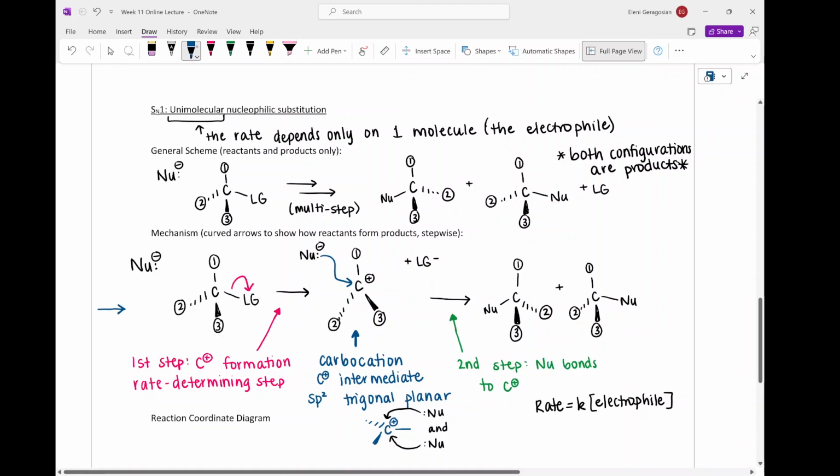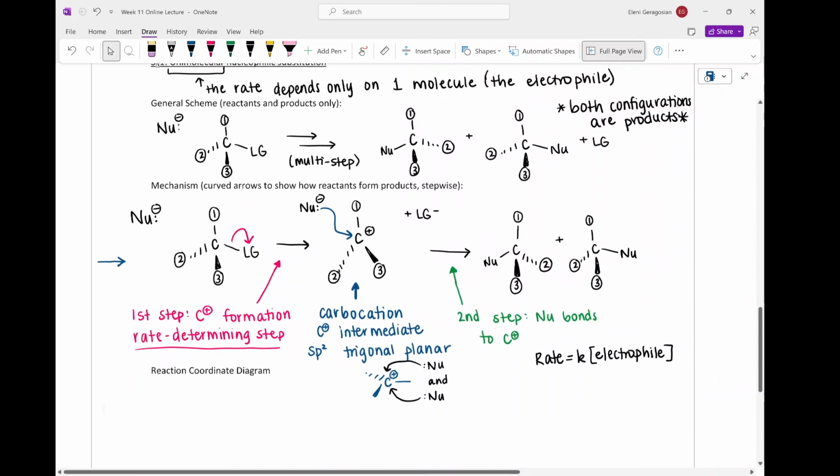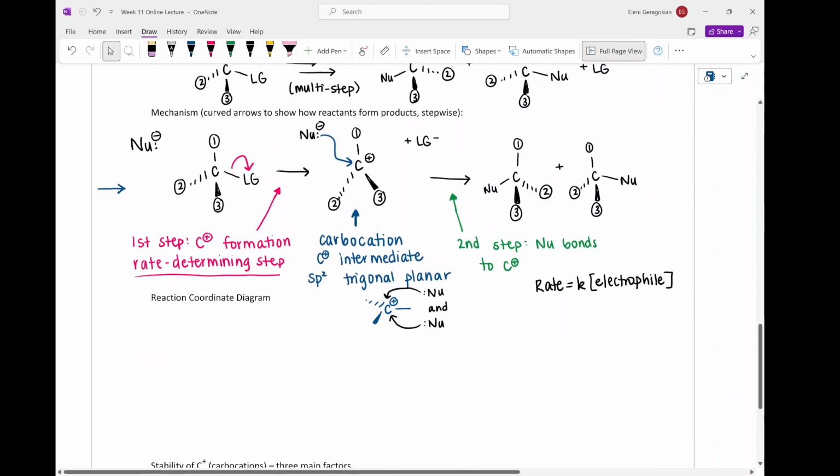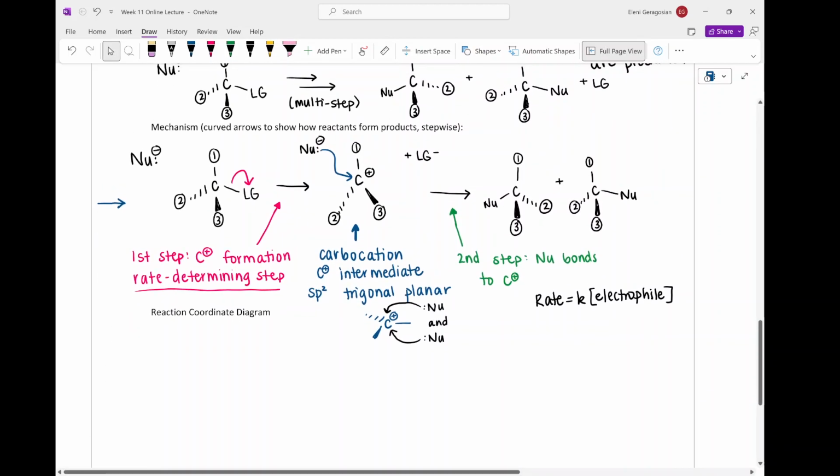We're looking at the mechanism. First step, we form the carbocation, and I wrote here that it is the rate determining step. We form this high energy intermediate and then the nucleophile bonds. Well, let's draw the reaction coordinate diagram before the video's over for this general SN1 reaction.